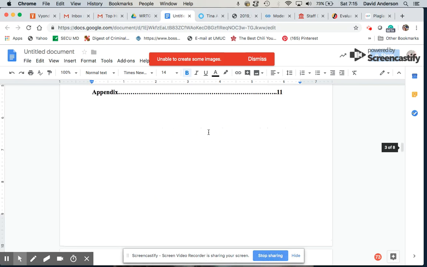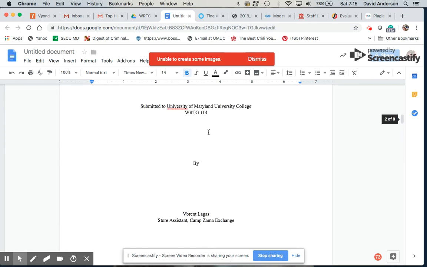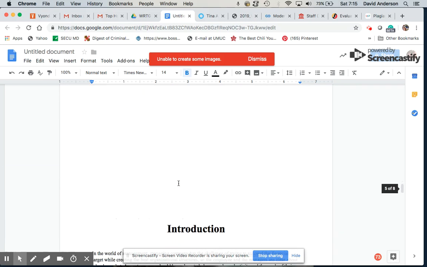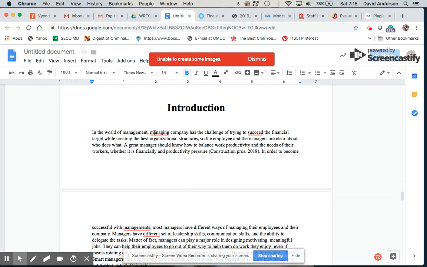I want to show you this other type of issue. Where was this? It's in the beginning. "In the world of management, managing a managing company or the managing company has the challenge of trying to succeed in the financial targets while creating the best organizational structure, period.